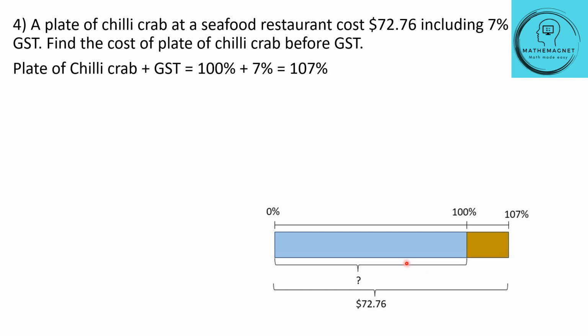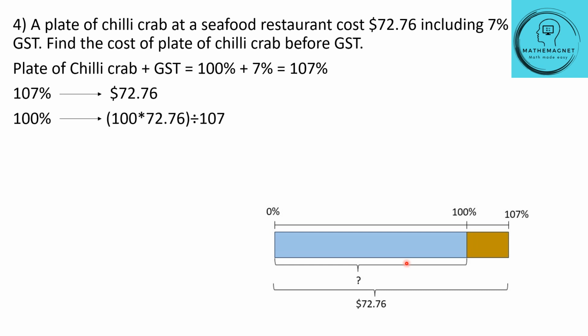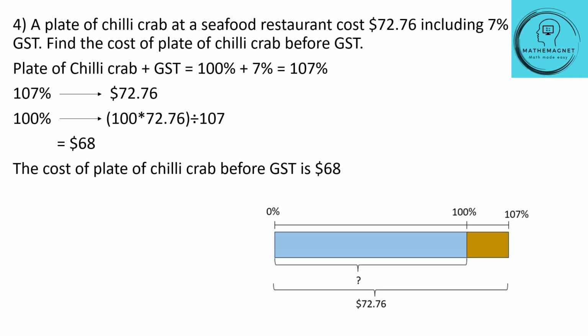The plate of chili crab plus GST will be 100% plus 7%, equal to 107%. So 107% is $72.76. Now for 100% it will be 100 into 72.76 divided by 107, which will be equal to $68. So basically the plate of chili crab at that seafood restaurant will cost $68.